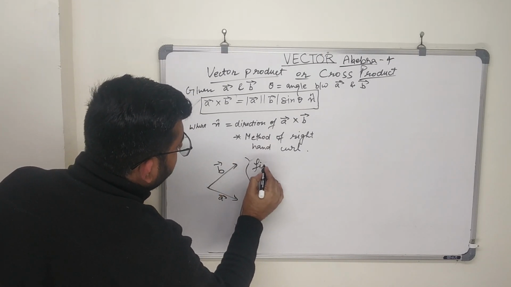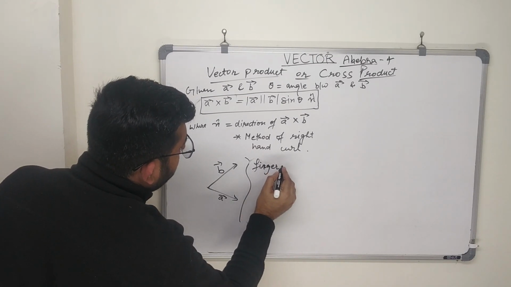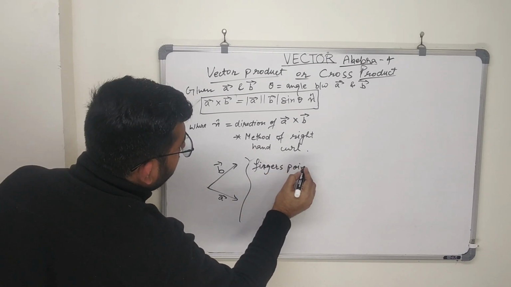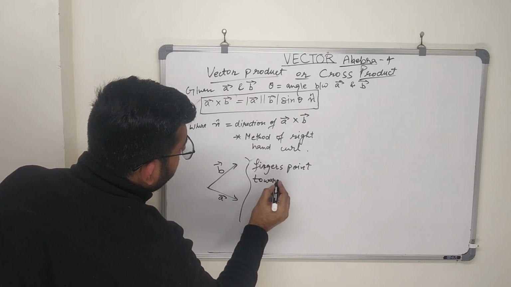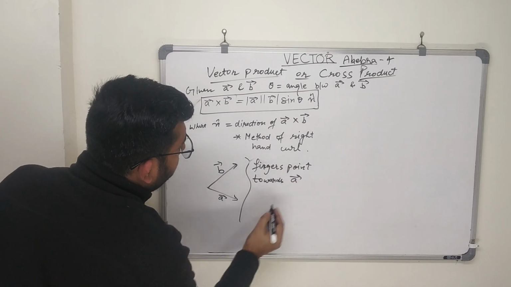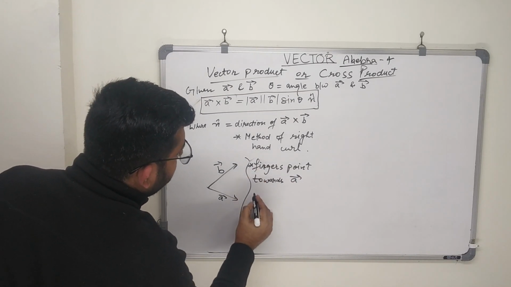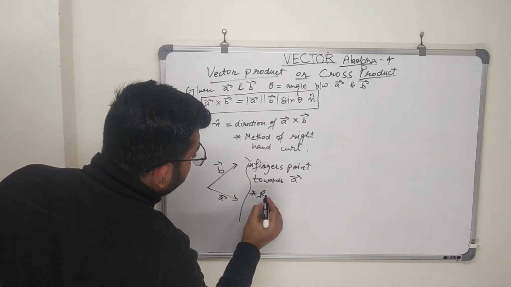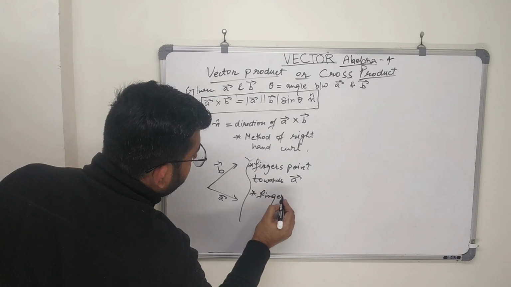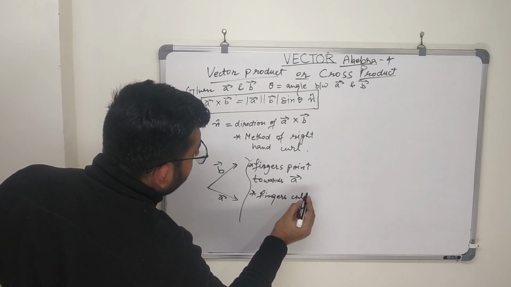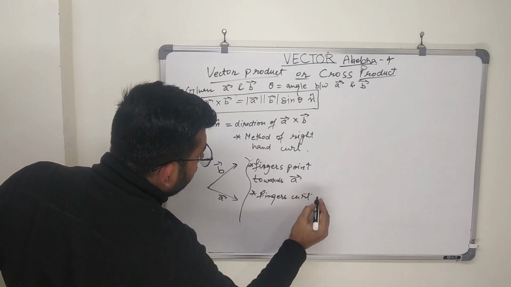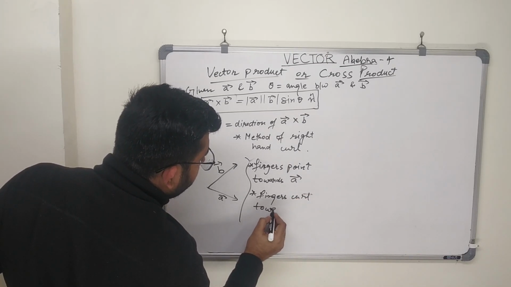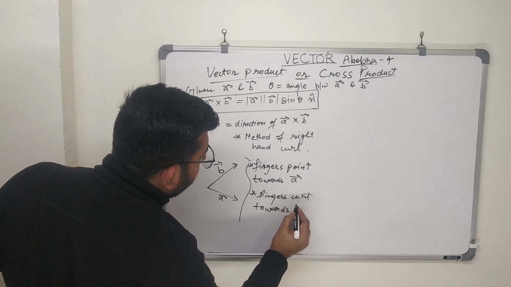Fingers point towards A vector and fingers curl towards B vector.